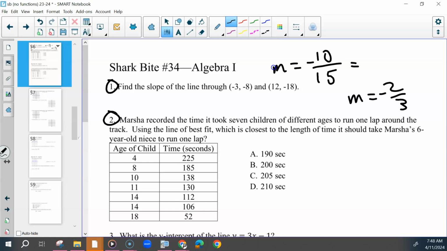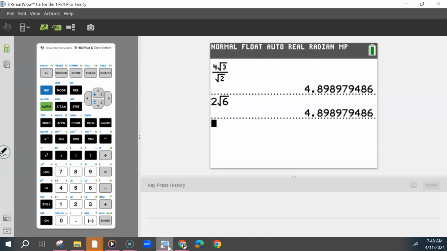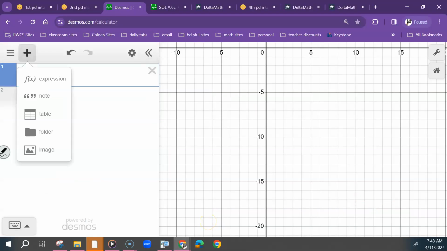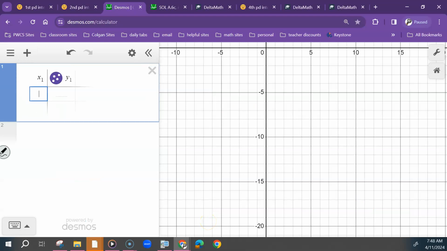For number 2, we have to find the line of best fit first. So this is that. I'm going to put in the table, put in all those points.